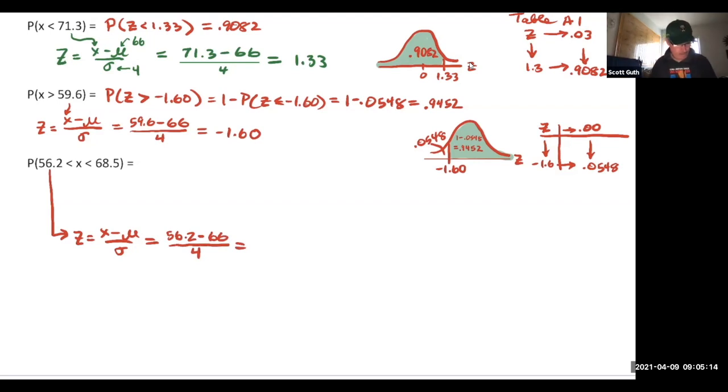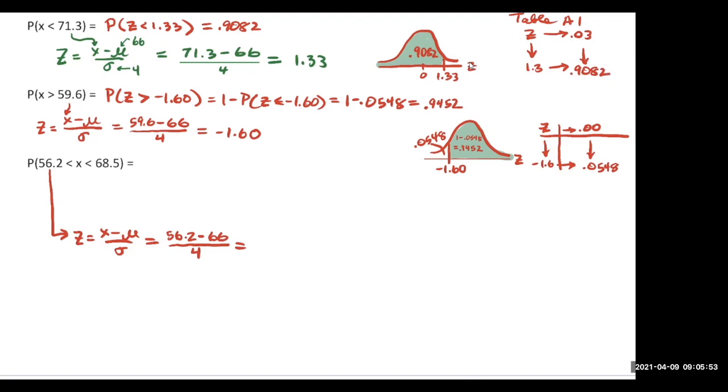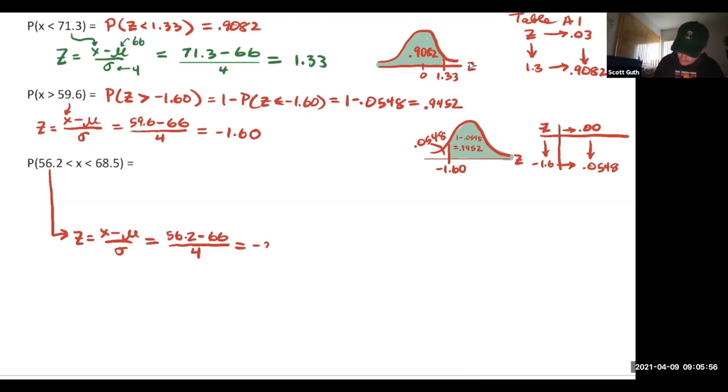Okay, so let's all do that. So anybody get something for this one? Negative 2.45. Yeah, that's what I got too. Thank you.